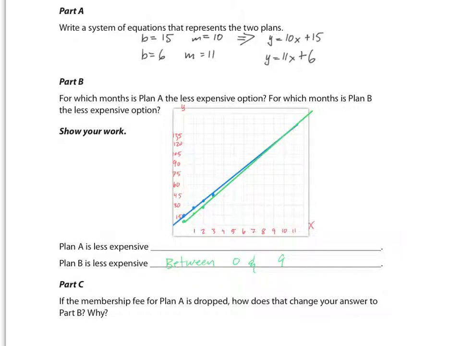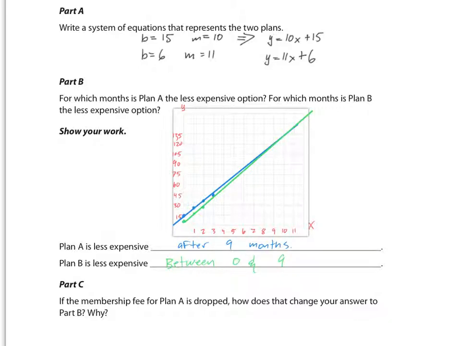And then line A is a little hard to see, but you see right here, line A is going to be below. The blue is coming below the green. So line A or plan A will be less expensive after 9 months.